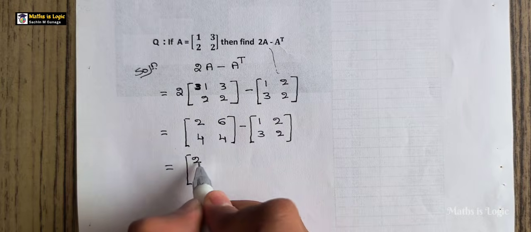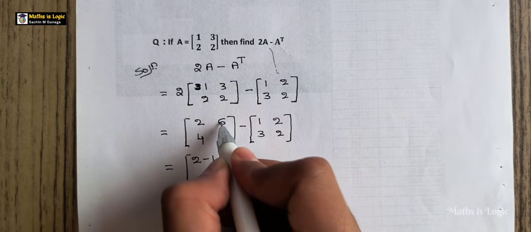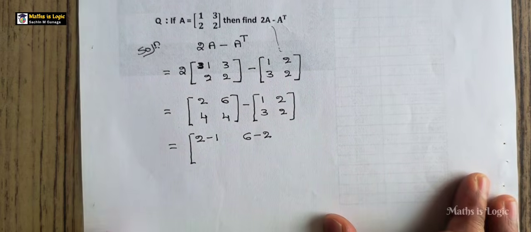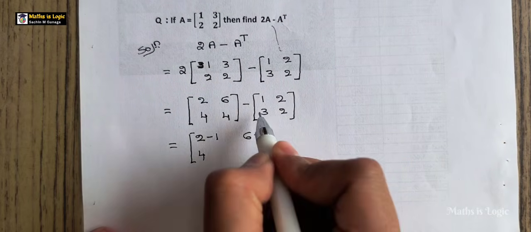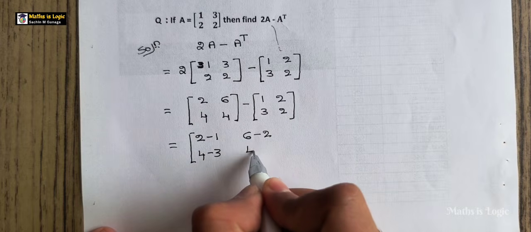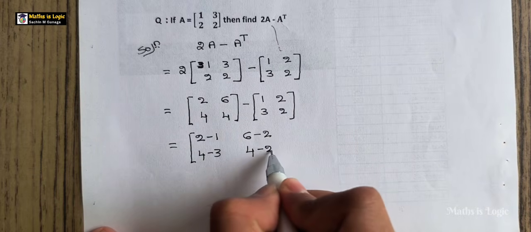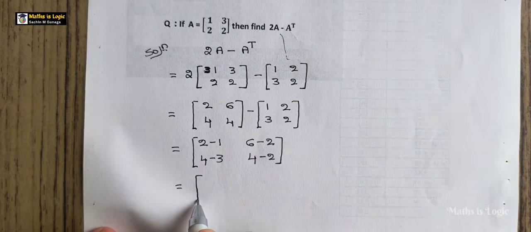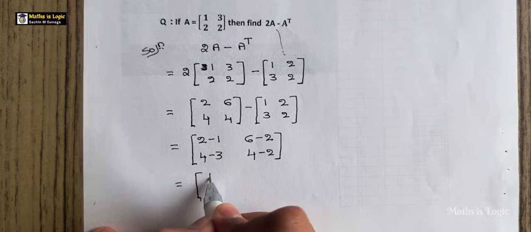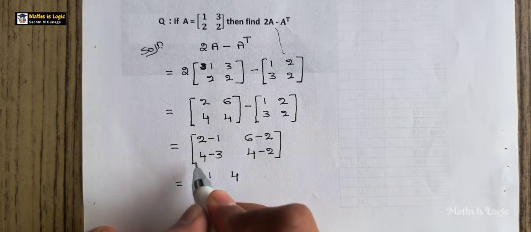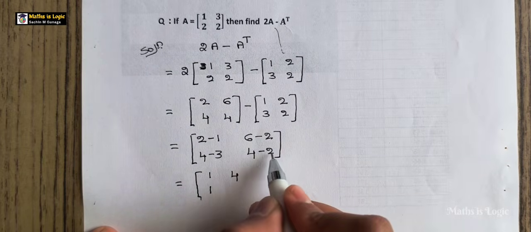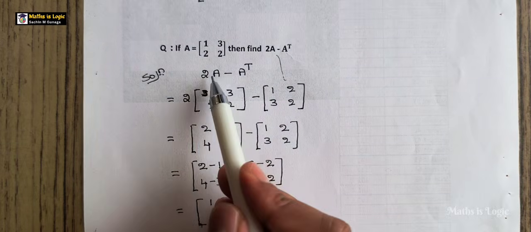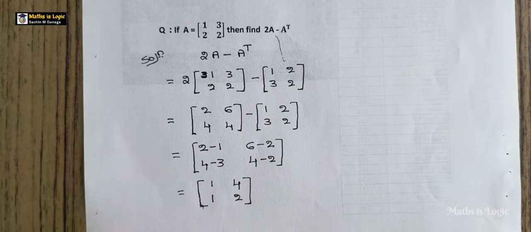Therefore 2 minus into plus is minus 1, 6 minus into plus is minus 2, 4 minus into plus is minus 3, 4 minus into plus is minus 2. Now use the calculator. Therefore the final answer is 2 minus 1 is 1, 6 minus 2 is 4, 4 minus 3 is 1, 4 minus 2 is 2. So this is the value of 2A minus A transpose.